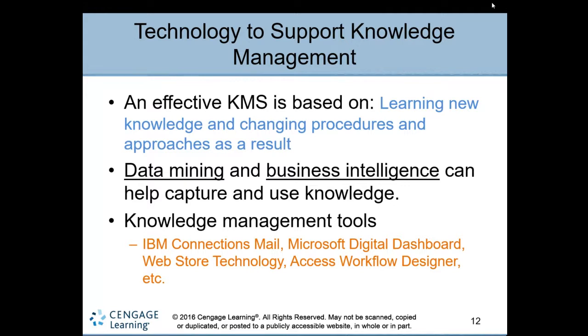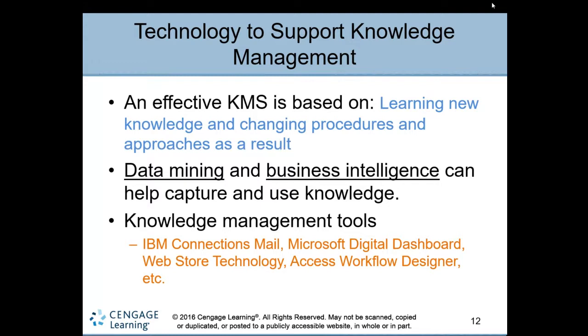So based on the experience and knowledge, right, what are the tools here? For example, data mining and business intelligence. Business intelligence, BI, can help capture and use knowledge. These are the tools which mostly help to capture and use the knowledge available in organizations.